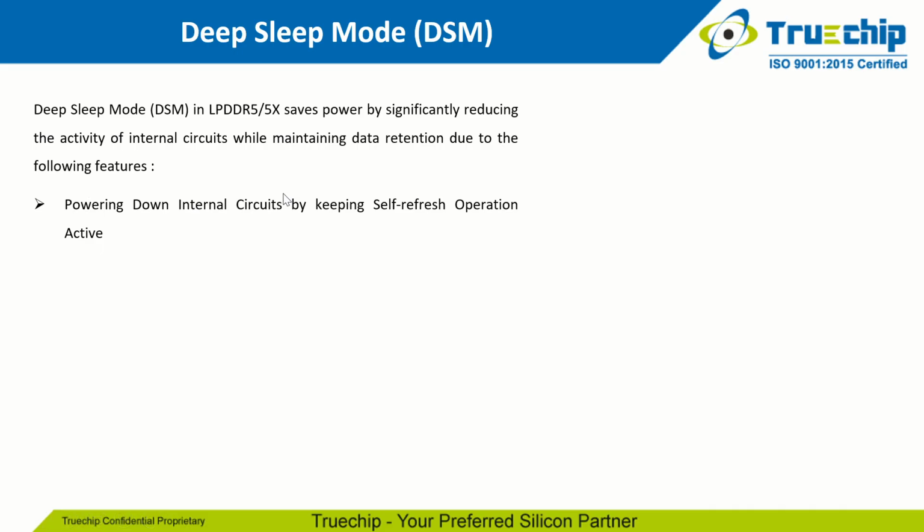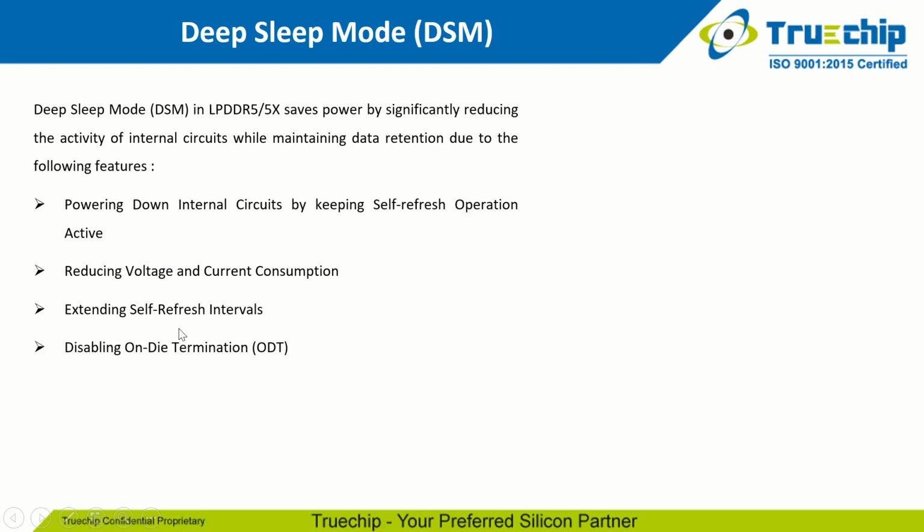It powers down internal circuits while keeping self-refresh operations active, which makes the data retain, along with physical layer parameters like temperature. It reduces the voltage and current consumption. It extends self-refresh intervals. It disables on-die termination, which is ODT. It supports clock stoppage. It supports longer entry and exit latencies.